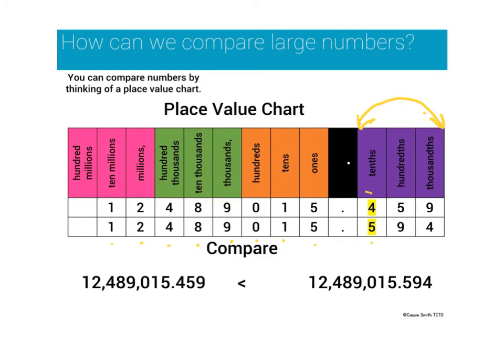But in this one that's highlighted, there is a 4 in the first number and a 5 in the second number. So since 4 is less than 5, this number is less than this number. Lining them up vertically can help you see very quickly which number is larger.